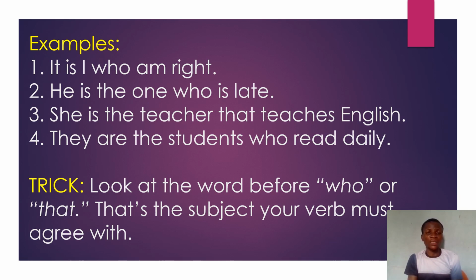Example 4. They are the students who read daily. You cannot say they are the students who reads. What comes before this who is the students, not just one of the many students. It must attract a plural verb, so who read daily.